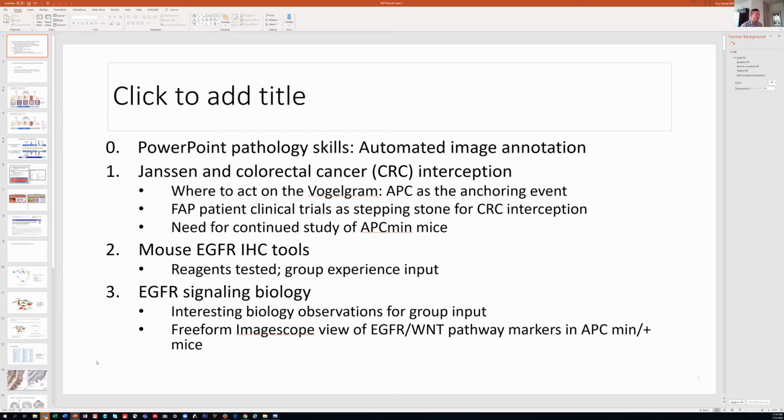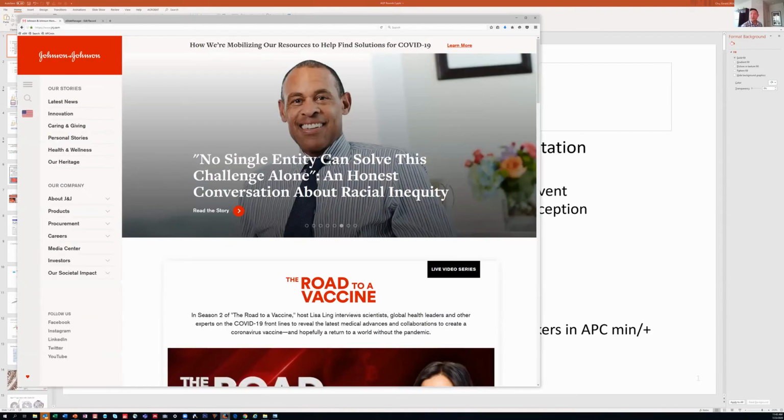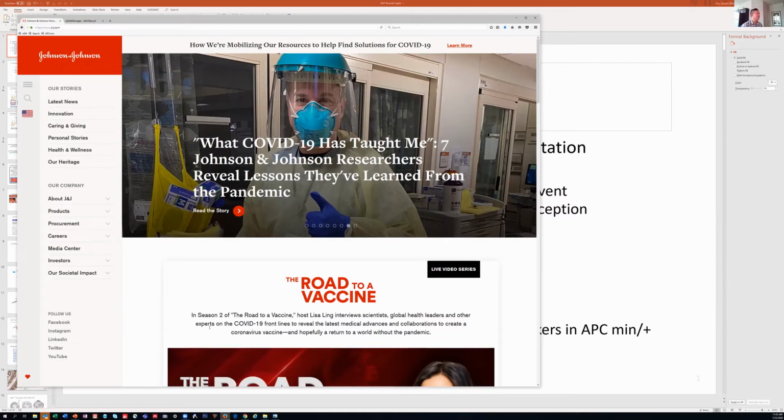So there's an incubator or an accelerator called the World Without Disease, and just to give you a little bit of context on that, even if you go to the home page of Johnson & Johnson, we used to be on the very first page, but we got knocked out by COVID vaccine development.